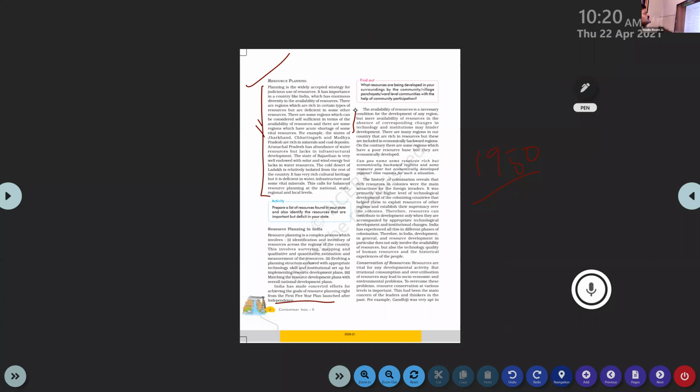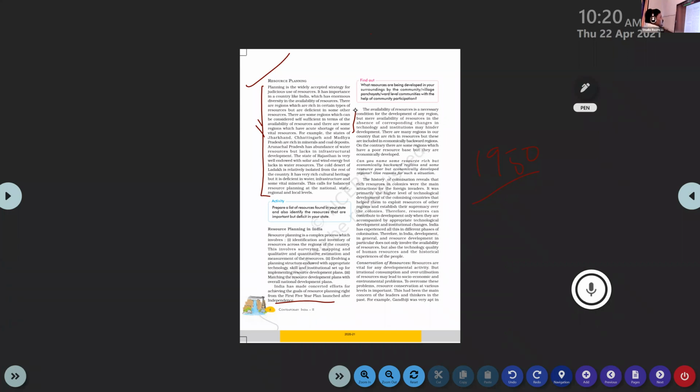There are many regions in our country that are rich in resources but are economically backward. In some areas, the people are still poor. Why is it so? It is because of bad government intervention, or the government has not planned properly there.